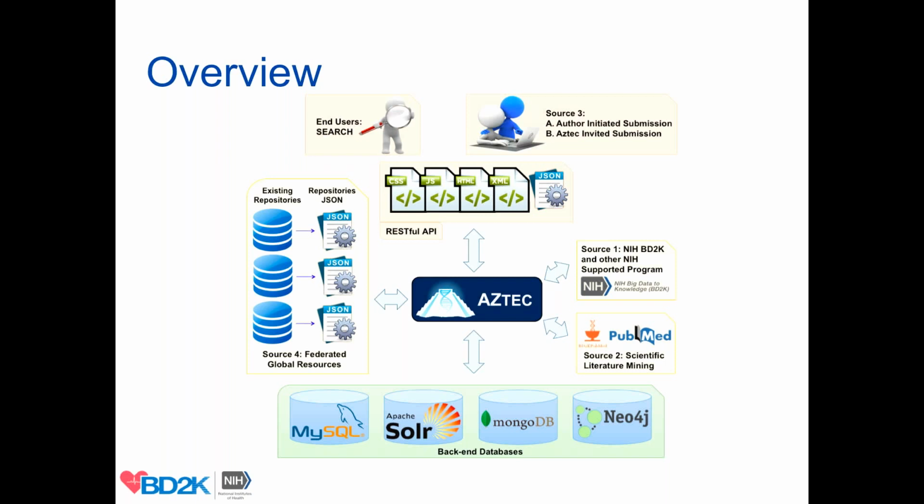The initial resources were retrieved from four primary sources, like the NIH BD2K and other NIH supported programs, the scientific literature mining, author submissions, and federated global resources. All of these resources are stored in our databases and indexed to support an integrated and powerful search service.